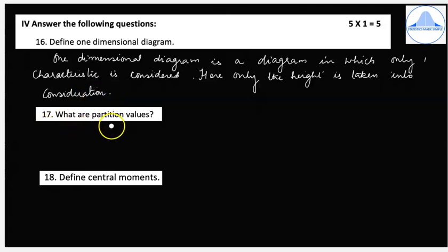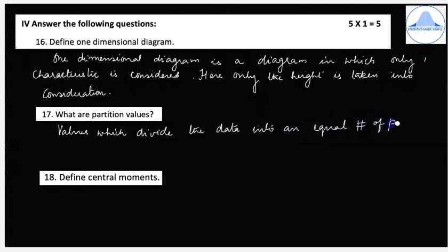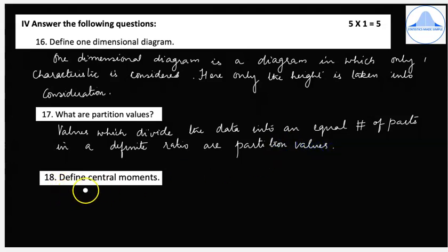Seventeenth question, what are partition values? So values which divide the data into an equal number of parts in a definite ratio are partition values. 18th question, define central moments.